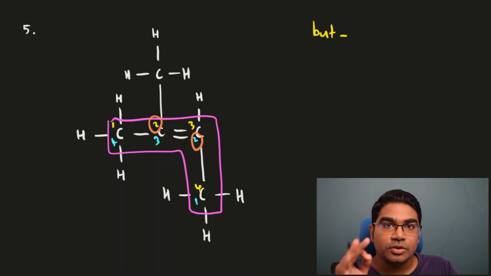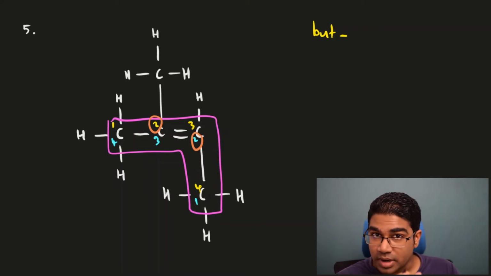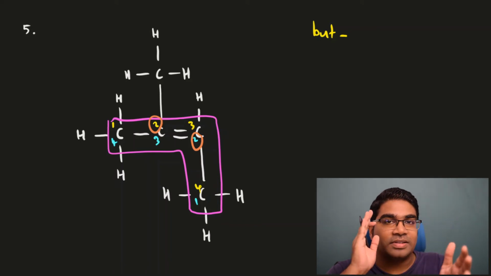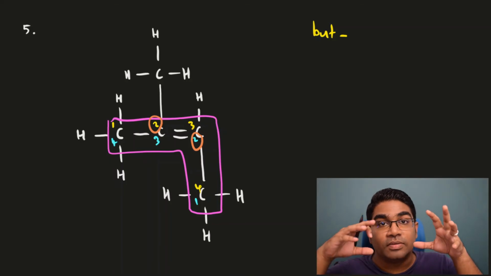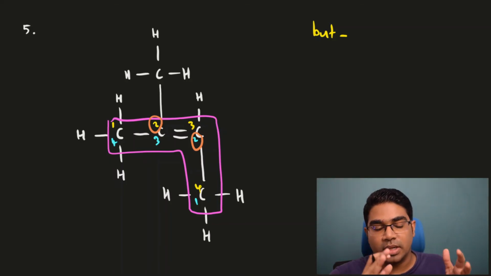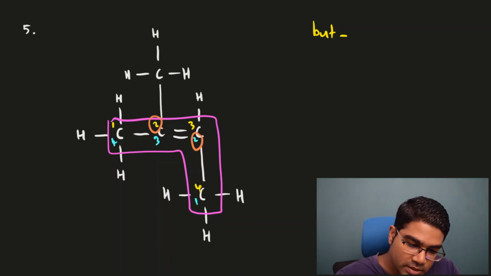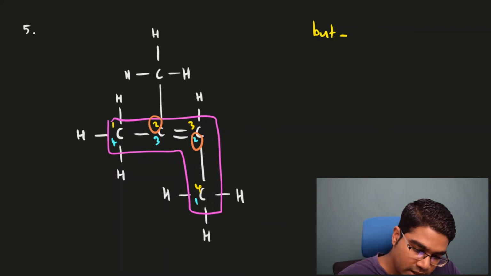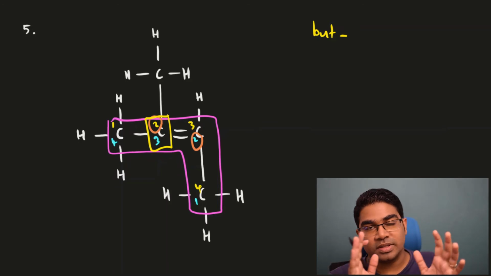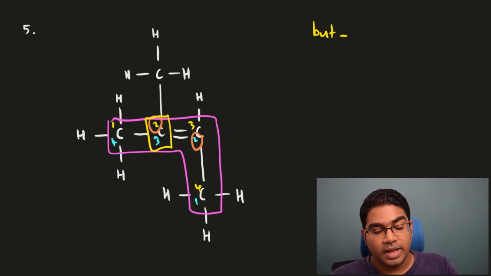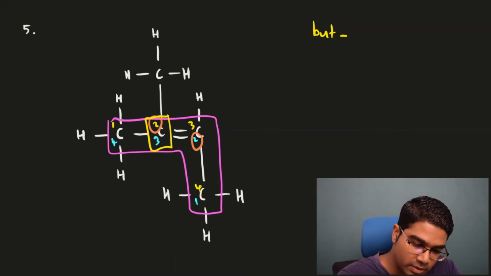But we have to choose wisely here based on the branch. When you have the same position for the functional group, then you have to look at the branch. Now the branch here is coming out of this carbon. If the branch is coming out of this carbon, we want the smaller number. So we will take the yellow numbering instead of the blue. So we will ignore this.